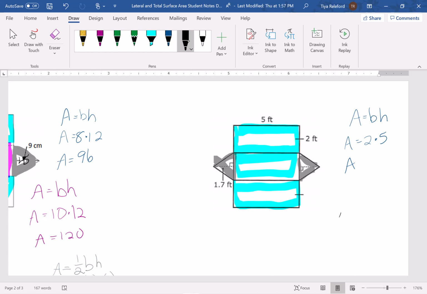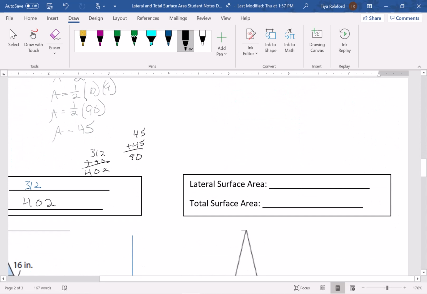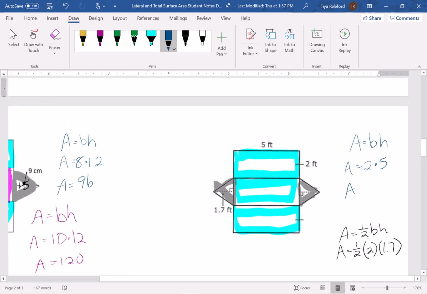You also have a triangle formula for your bases. So for lateral surface area, you are going to add the lateral sides, the 3 rectangles. For total, you're going to come back and add the 2 triangles in. Make sure when I look at your paper that I can see what the area of each of these pieces is.